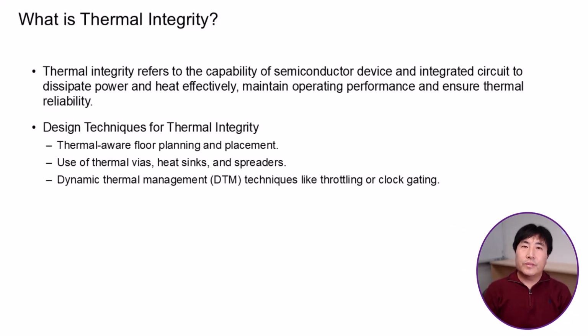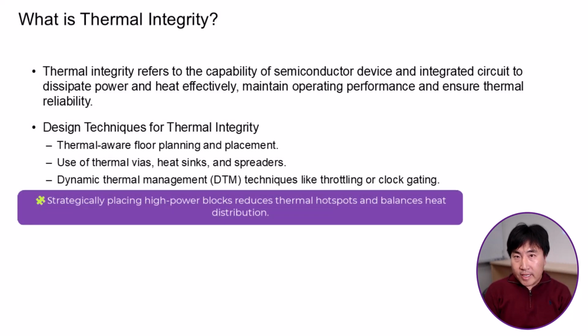To ensure the thermal integrity of a multi-die system design, designers typically have to apply several techniques. First, they have to think about thermal-aware floor planning and placement, which strategically positions high-power blocks to minimize heat concentration of the entire stack.